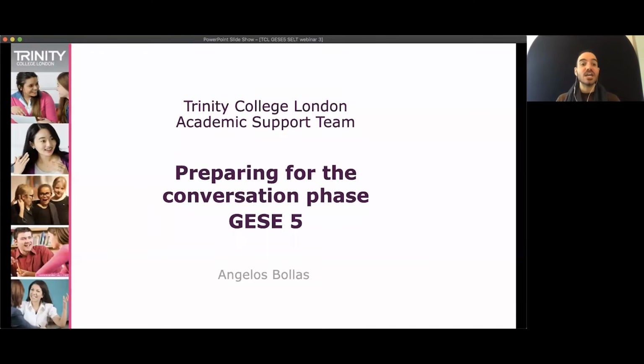On Monday, we focused on preparing for the topic discussion and choosing an appropriate topic. On Tuesday, we focused on delivering the topic discussion and some tips on how to engage the examiner and how to make sure that you show to the examiner that you can use the language of the level appropriately.